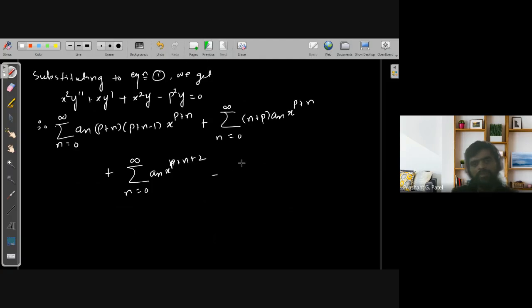And then lastly we have minus the summation n running from 0 to infinity of p square a_n x raised to n plus p equal to 0.